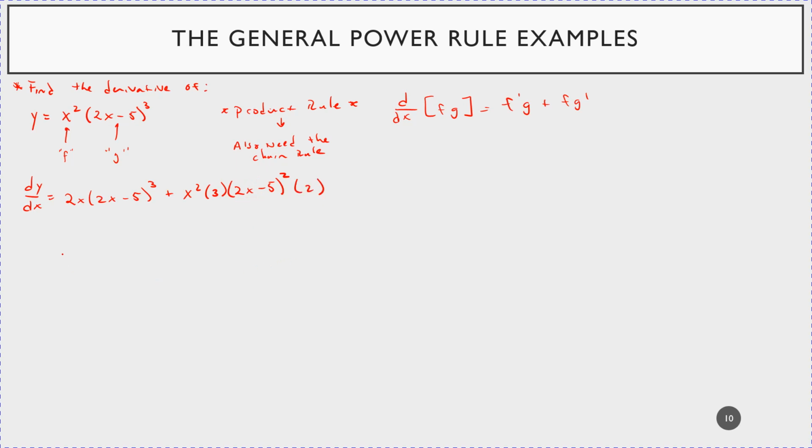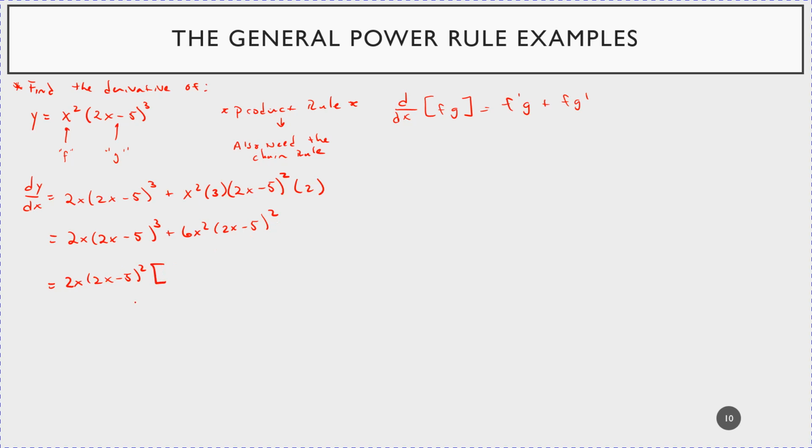Let's actually clean this up. So this is 2x times (2x minus 5) cubed plus 3 times 2 gets me plus 6x squared times (2x minus 5) squared. What could you factor out here? This is really cool when you factor this out. I could factor out a 2 and an x, and also a (2x minus 5) squared.